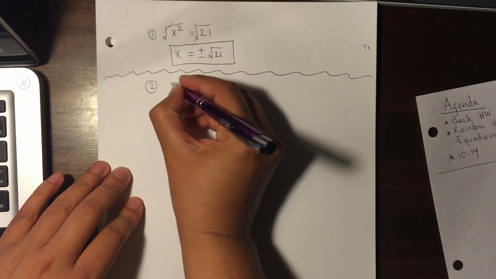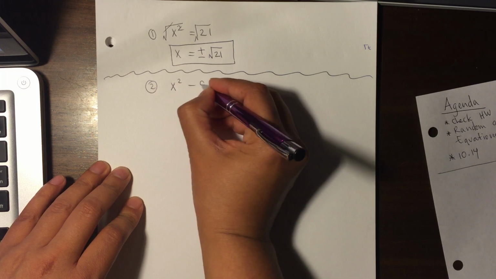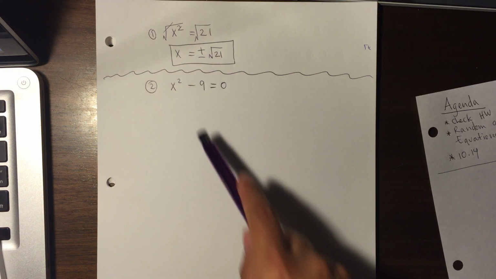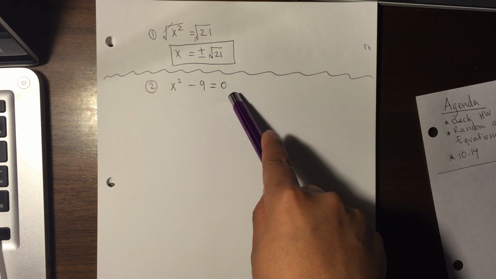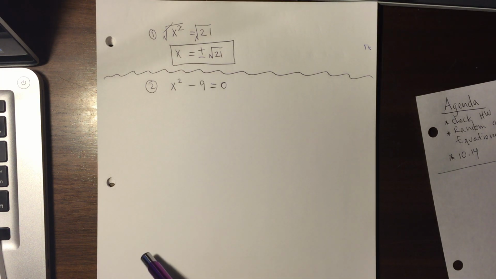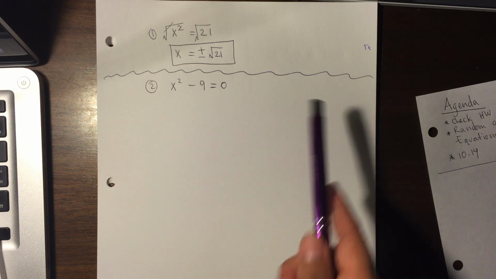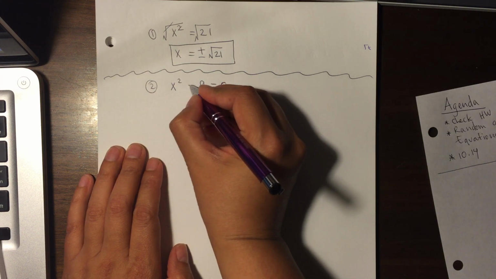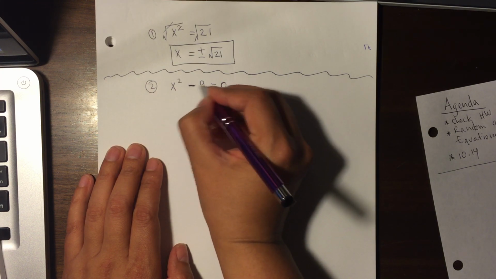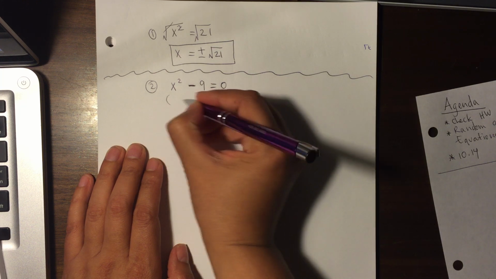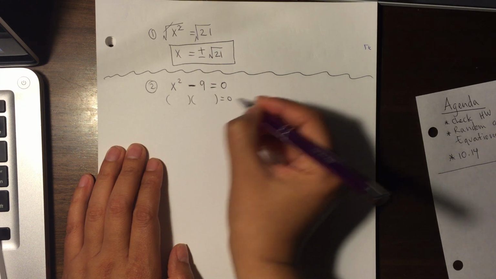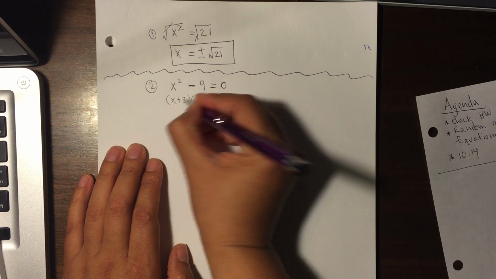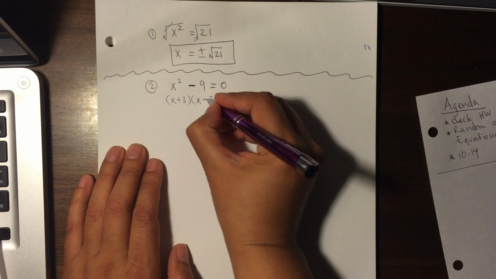What if I have x squared minus 9 equals 0? Again, you can use canceling and then taking the square root of both sides. Actually, I'm going to do both and then you can decide which method would be better. Remember that when we have the difference of two perfect squares, you just open your parentheses and it's x plus the square root of 9, which is 3, and x minus 3.